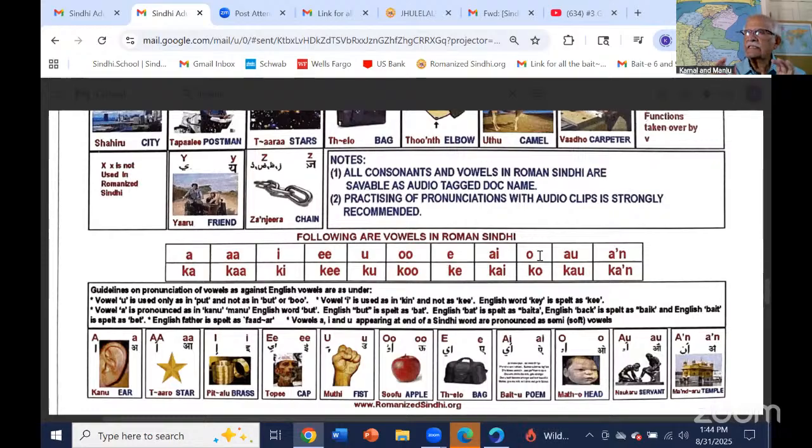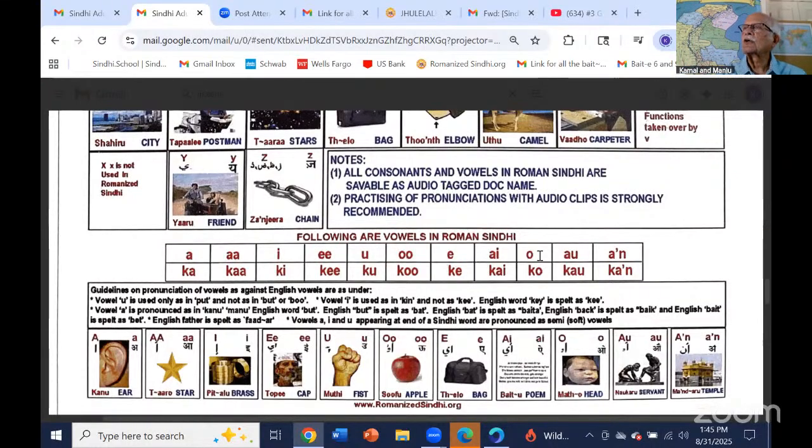Now, this is the basic principle of Sindhi language, that every object is assigned a gender, and for you to remember, how will you know what is the gender of this particular object? Think the word that ends with e is feminine, O and O is masculine. Gharu.